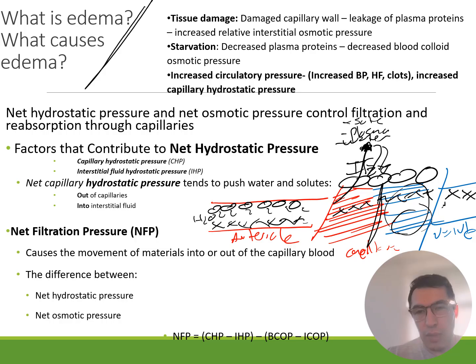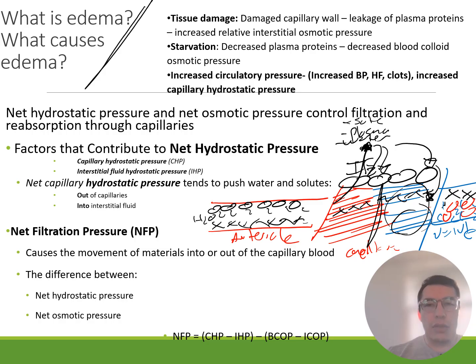So that blood colloid pressure will force, through osmosis, the return of fluid back into the latter portion of the capillary, that then is collected into the venules. And we also have the red blood cells. Okay, now that they are deoxygenated. All right, they're deoxygenated.